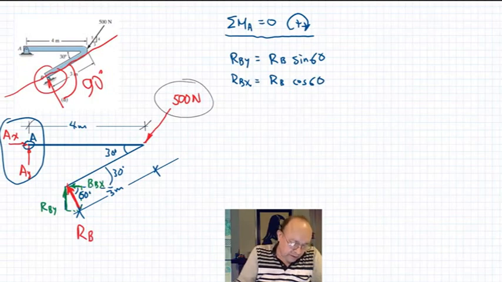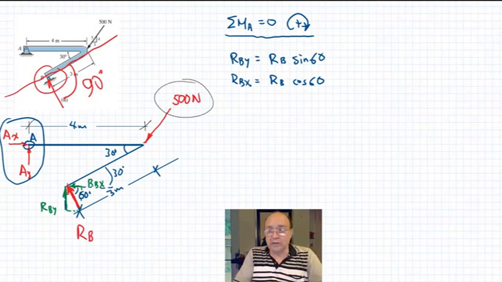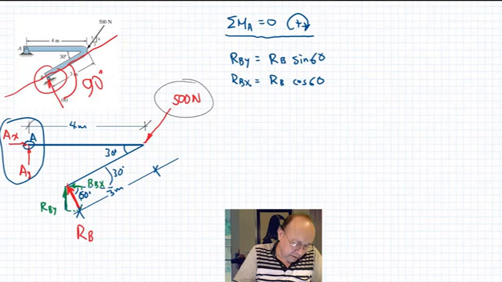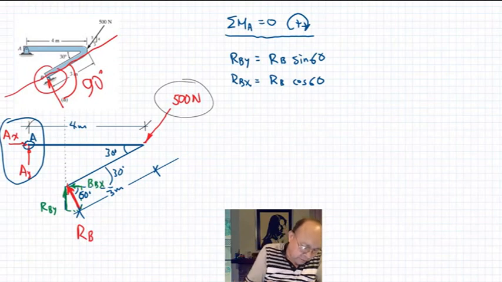And now the distance from these forces to point A in order to calculate moments, you guys have to be very good at that. So I get here the line of action of RBY. So we need to find this distance, let's call it dx.